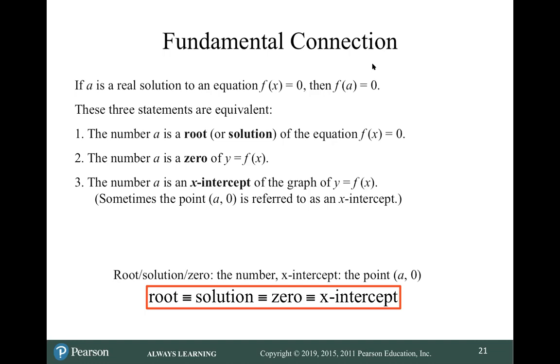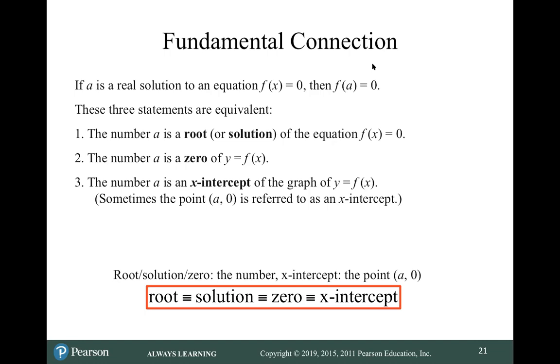If I were to graph that equation as a function, those two answers are the x-intercepts. And so we have this connection that when we solve something algebraically, we're also solving it graphically. We're getting information in both models. And so we have a root or a solution when we solve an equation algebraically.